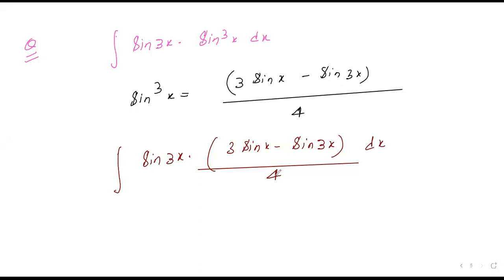So here 4 is a constant, so you can take it outside the integration. It is 1 divided by 4 integral multiplied by sine 3x. So you will get 3 sine x into sine 3x minus sine square 3x dx.